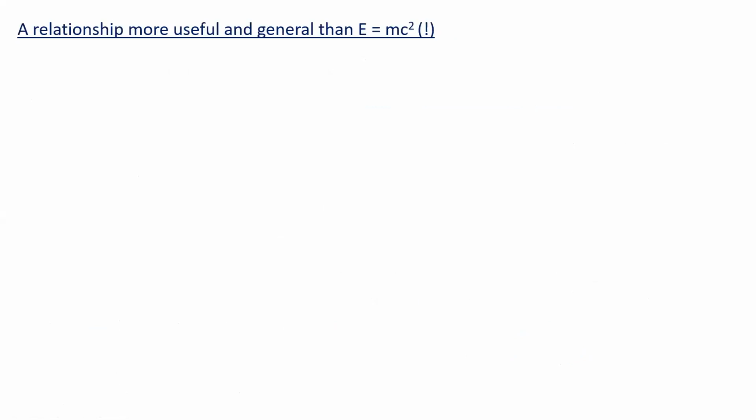So we've seen E equals mc squared, and that seems to be the big idea. But I'd like to argue that there's a relationship which is more useful and general than E equals mc squared. Imagine that.